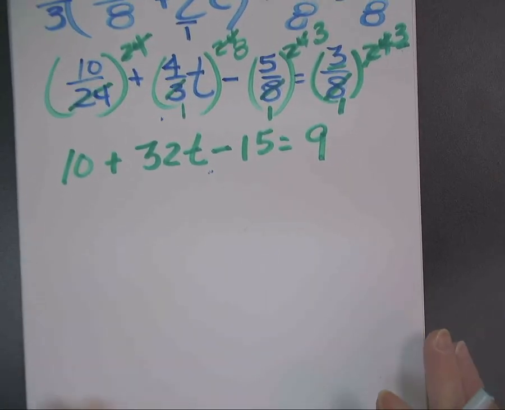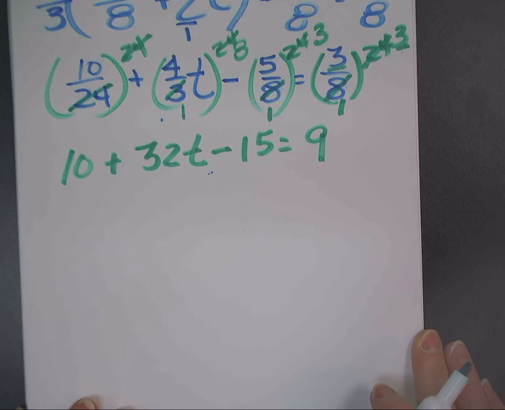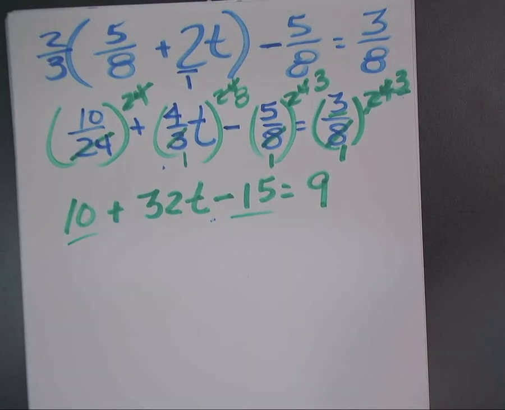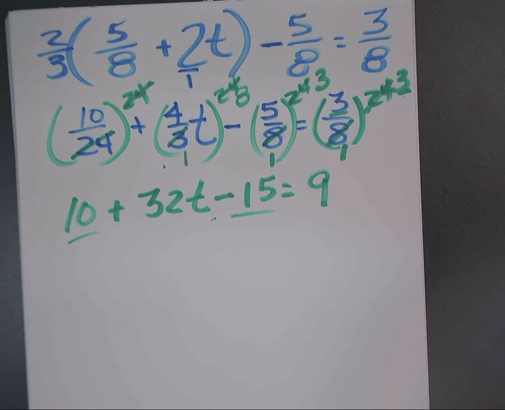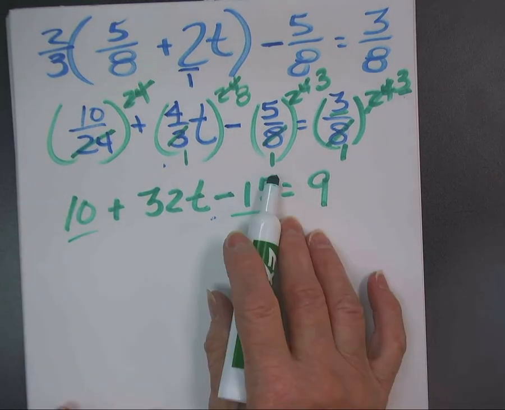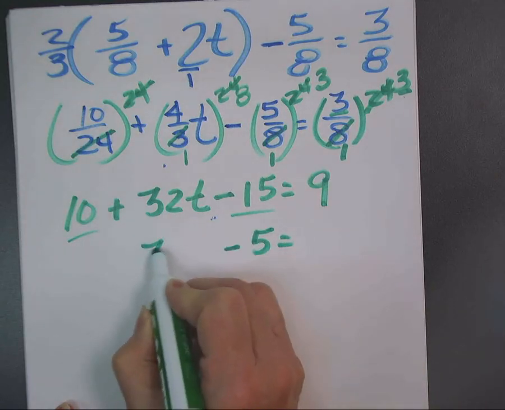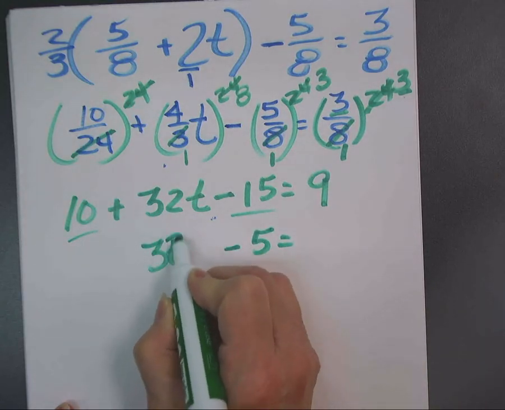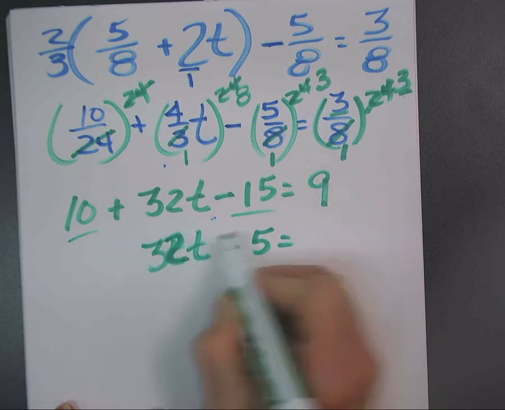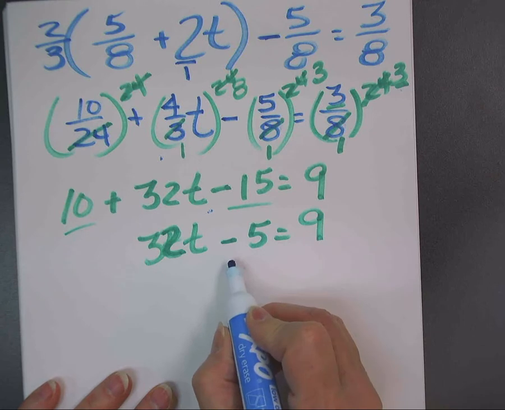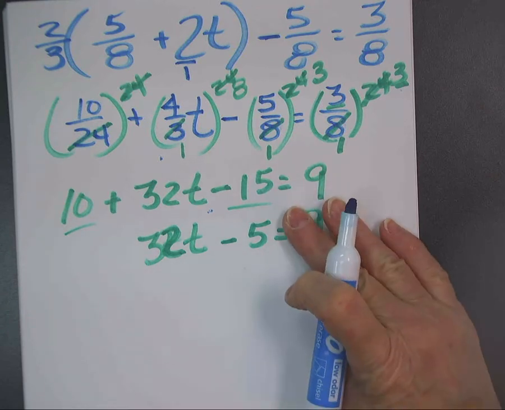Okay, now that's going to be a lot easier to solve, right? On this side, you can combine like terms, 10 minus 15, -5. And this doesn't combine with anything yet. To both sides, what are we going to do to solve for t?